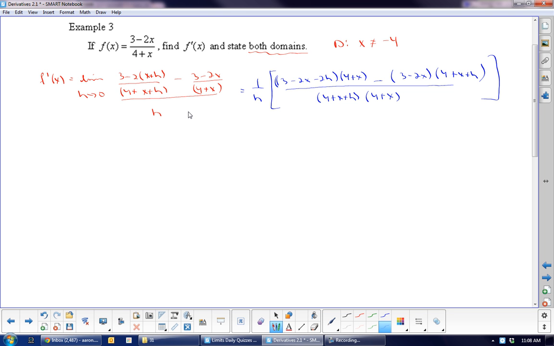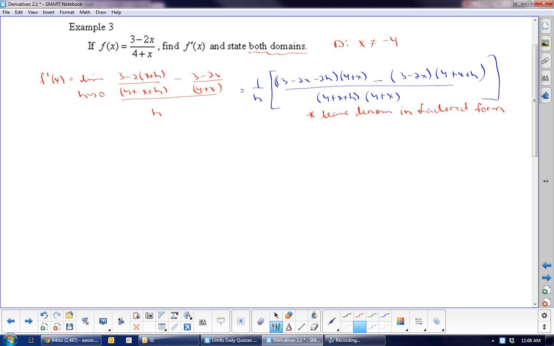Now, a little hint here: just leave the denominator in factored form. Don't go and multiply the denominator altogether because you're going to end up having to factor it out later to try and cancel things.